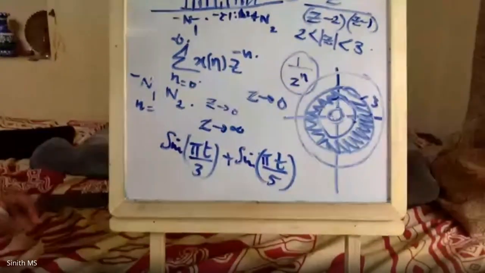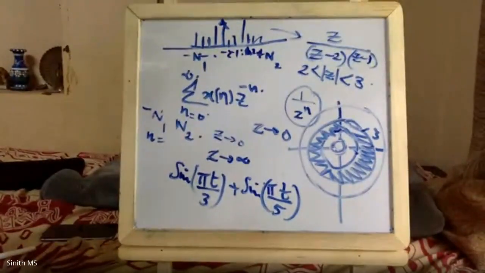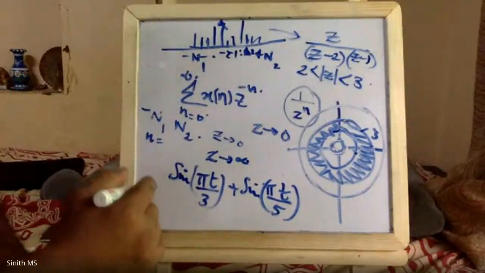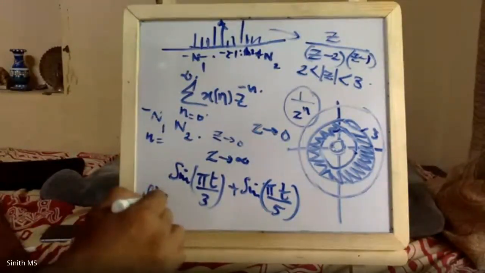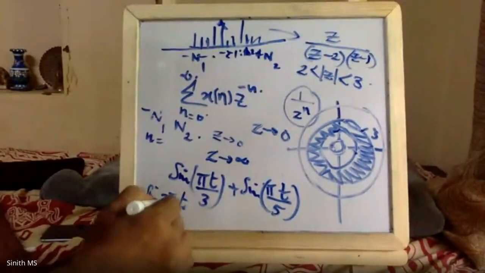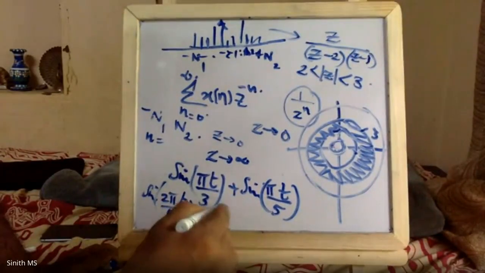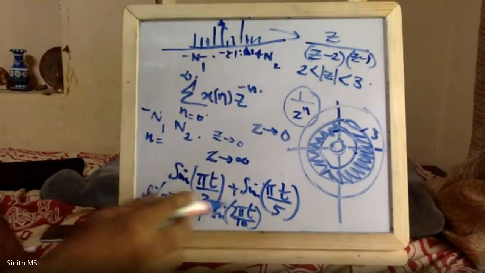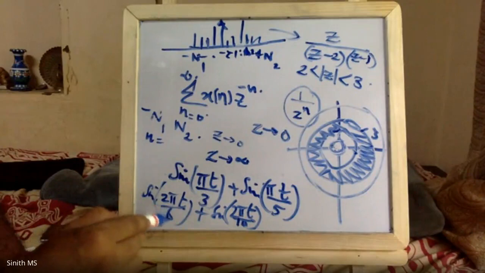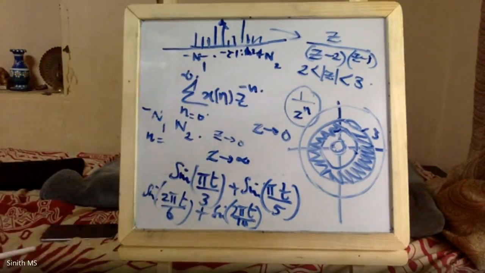So basically, let us see the board. When you have sine pi t by 3 plus sine pi t by 5, you can represent it as sine 2 pi t by 6 plus sine 2 pi t by 10. That means these are two sine waves of period 6 and 10 seconds each.